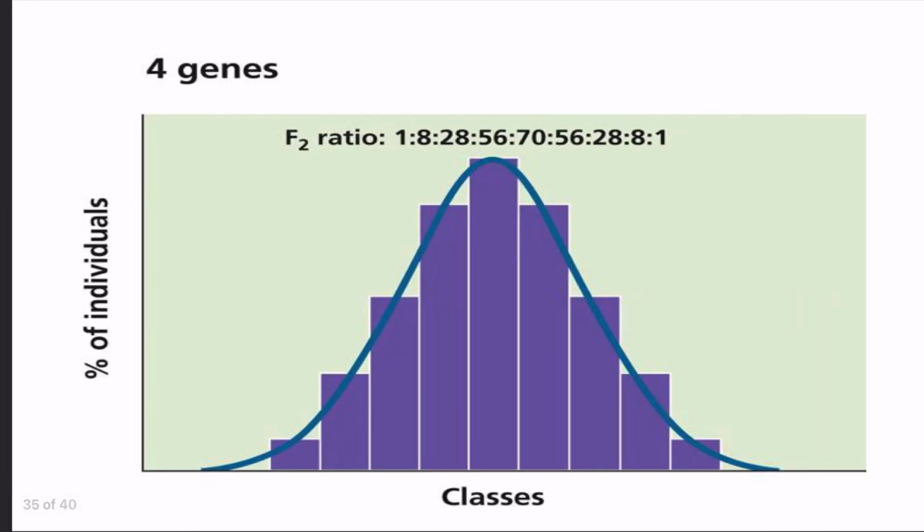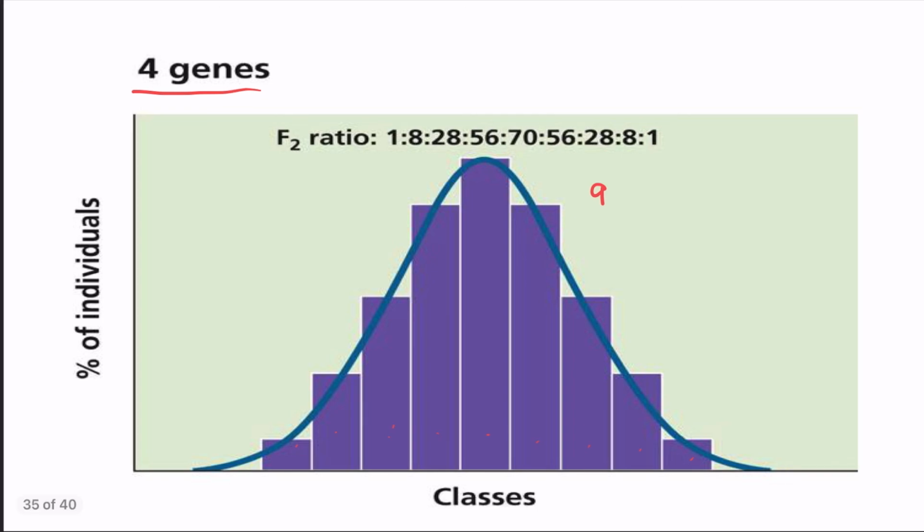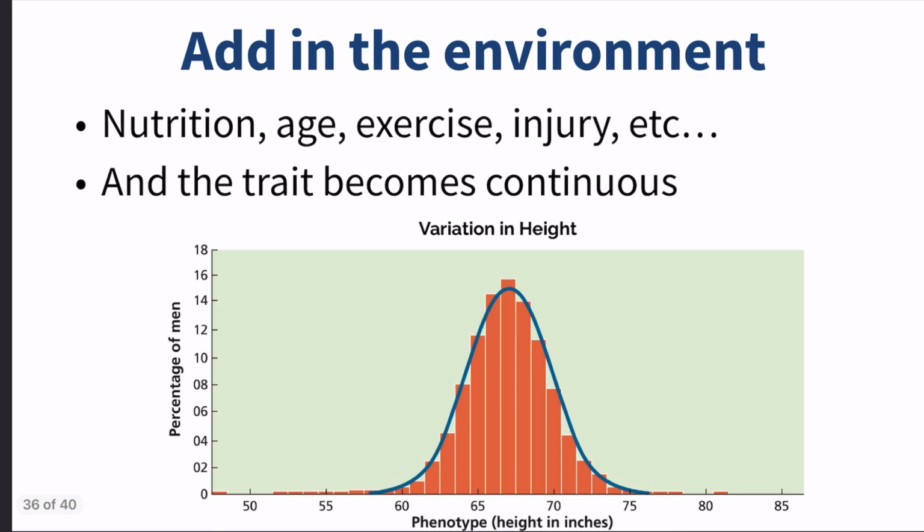If you have 4 genes, you have 9 categories. 1, 2, 3, 4, 5, 6, 7, 8, 9. And so notice that even though we're adding the number of genes that could possibly dictate this one trait, it is still forming this bell curve. Now you add in the environment, nutrition, age, exercise, injury, stress, and the trait is continuous.